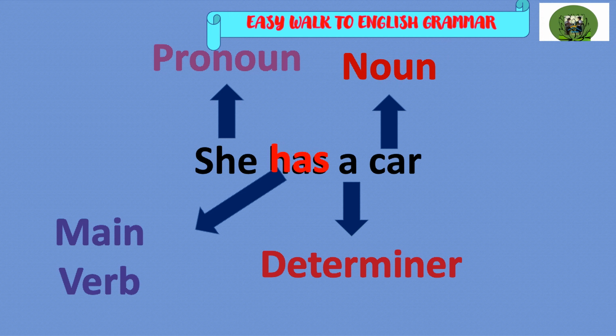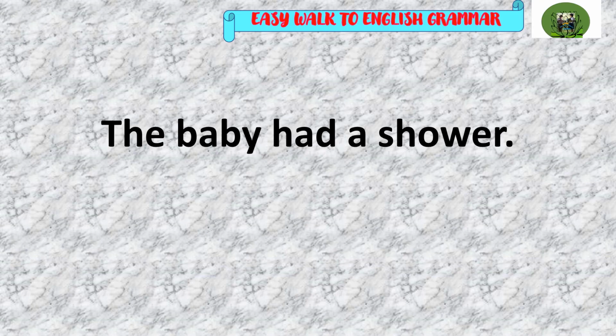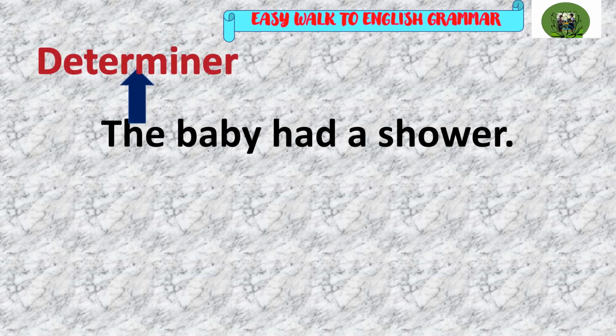I think now the things are clearer for you people now. We will deal with one more example. The baby had a shower. Here, the is a determiner because it shows us particularly or it tells us particularly about a noun. Baby is a naming word and it's a noun.